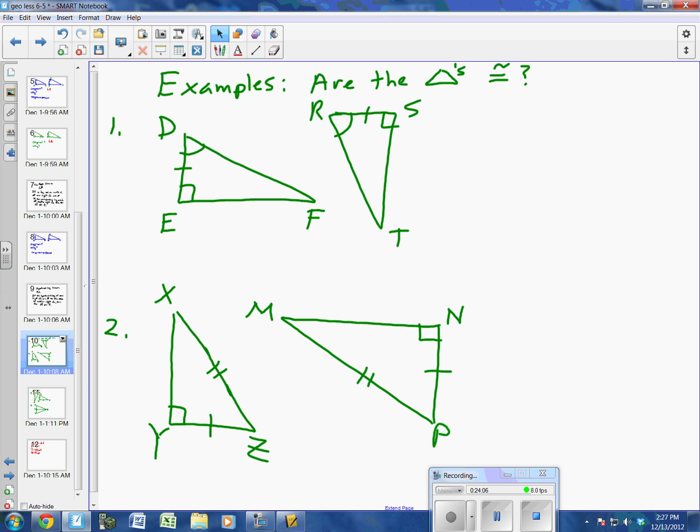Right here. Are congruent. You've got to tell somebody.